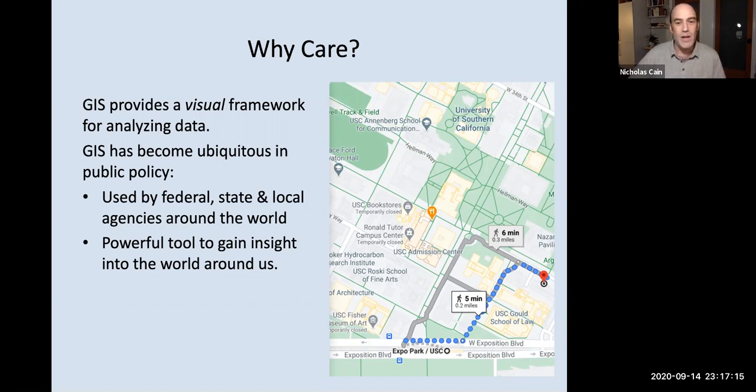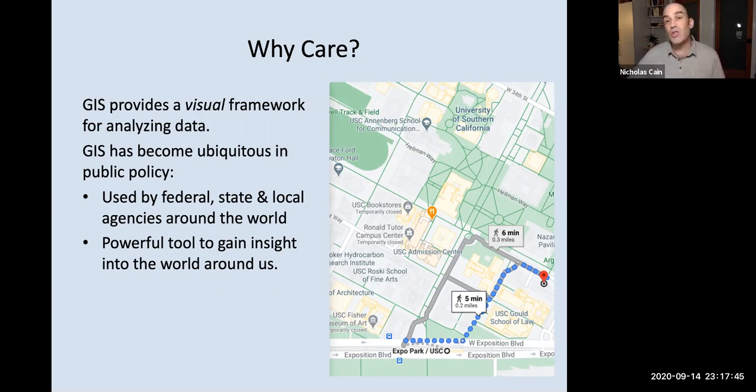Here on the right of your screen is an image from Google Maps showing the route a pedestrian might take from the Expo station to the Sol Price School of Public Policy. The environment is represented as a map with an overlay of roads and a set of points representing things like the USC bookstore or the Tudor Campus Center.